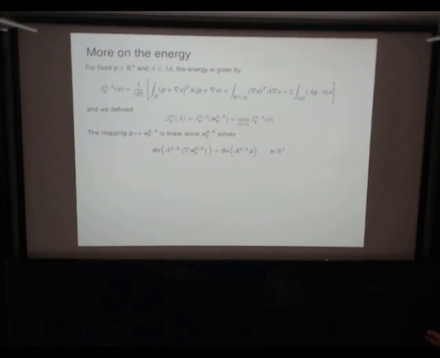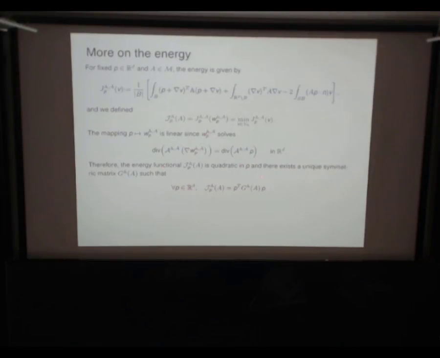W_P depends linearly on P. Now, if you put W_P in this energy functional instead of V, this is also linear in P. So this means actually that this functional is quadratic in P, the direction. So this energy functional is quadratic in the direction.